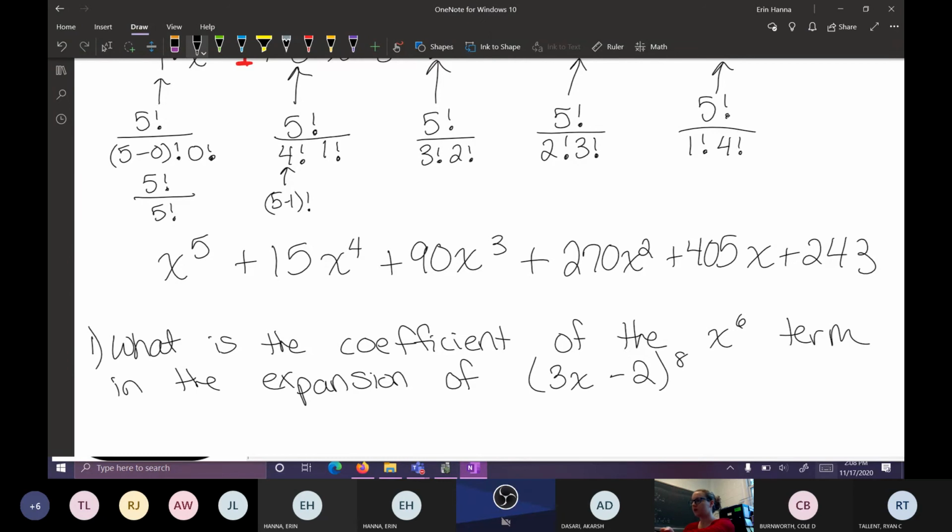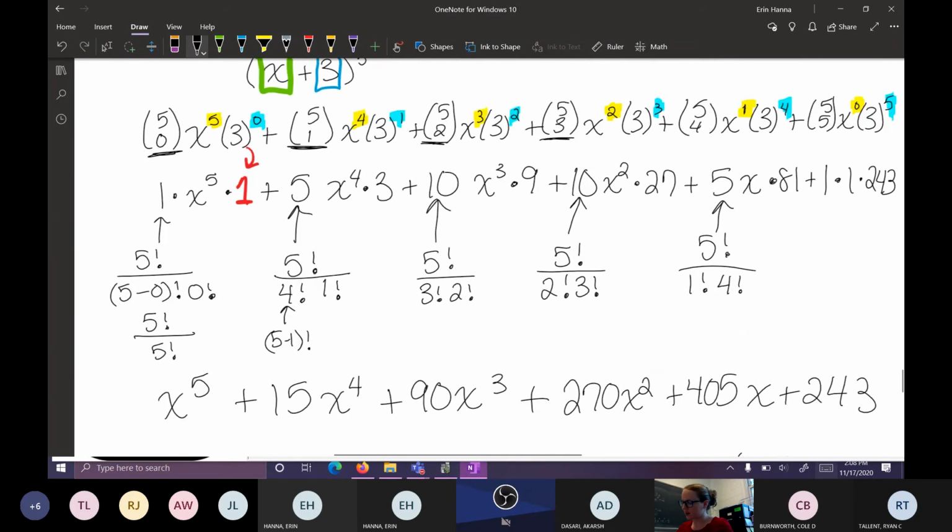So essentially we have to figure out what term that looks like.